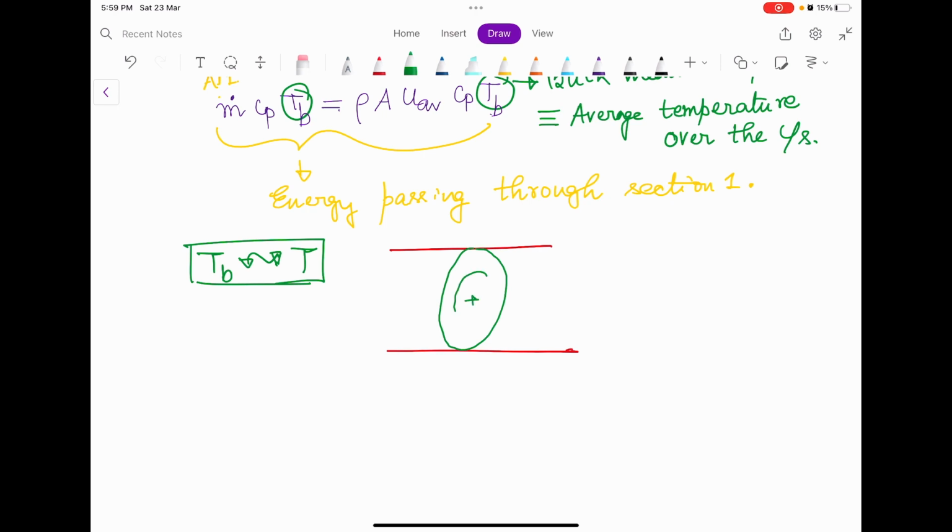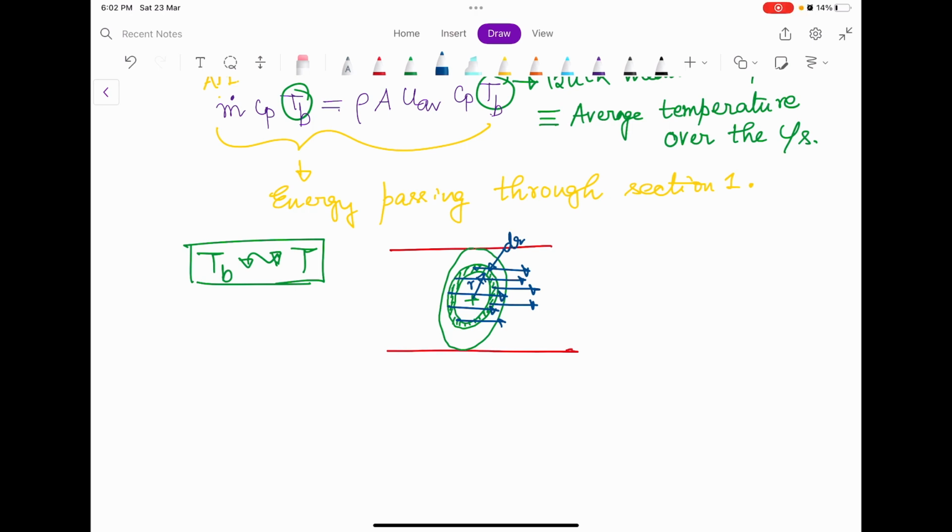And I can have an elemental circular strip that is situated at r and having a thickness of dr. So through this circular strip, how much enthalpy or energy is being carried?